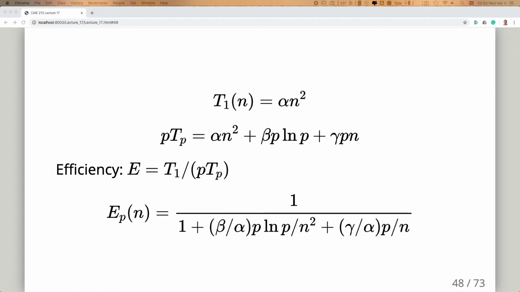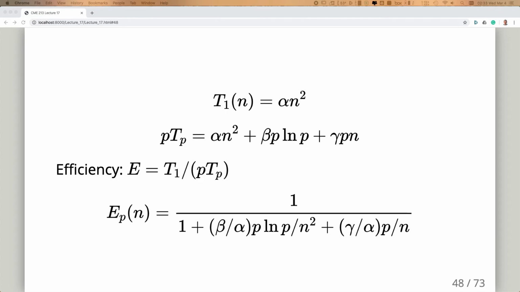And vice versa, if you increase n, the matrix size, it's the opposite. The efficiency goes up. Asymptotically, the efficiency goes to 1.